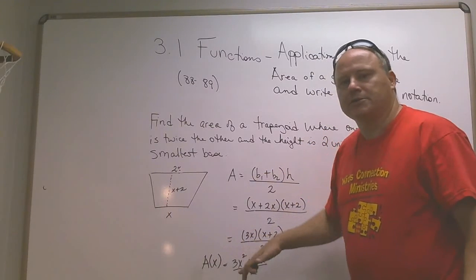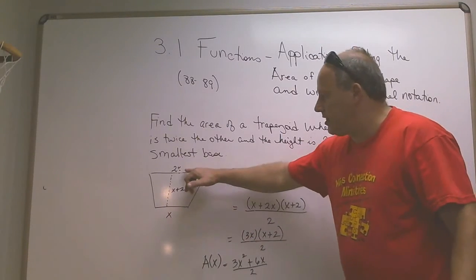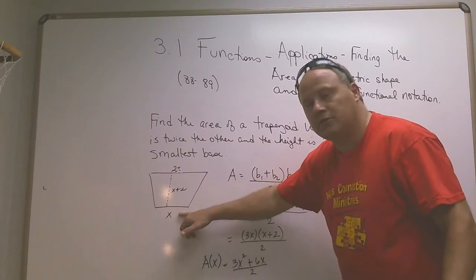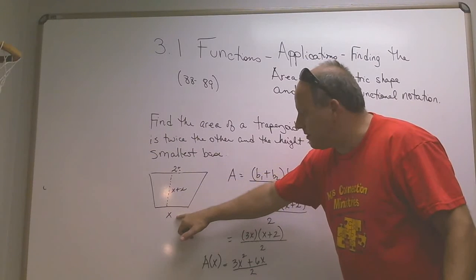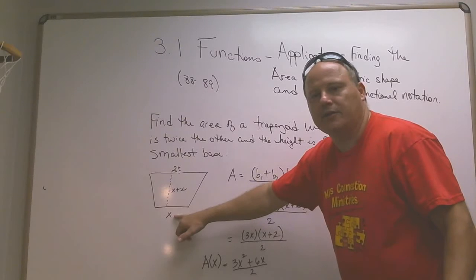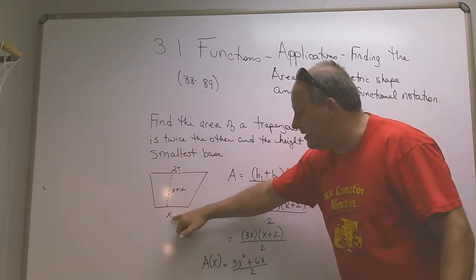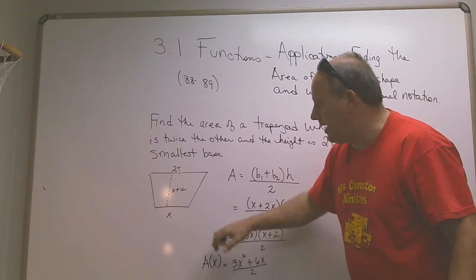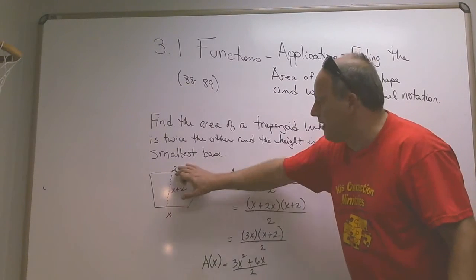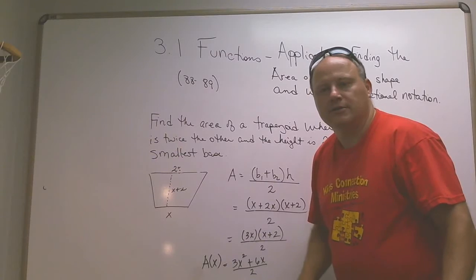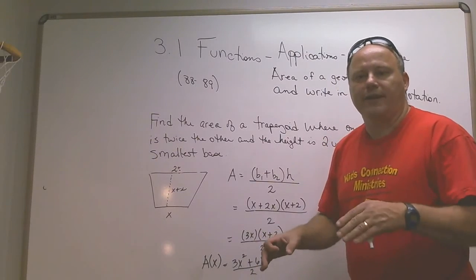So if I knew what the smallest base was, and if all this is true, I could tell you what the whole area is. If you tell me this was 10, then I'd plug 10 into the x, do the math here, and it'll tell me the area of this whole trapezoid. So you wouldn't have to plug a number into a formula every time.